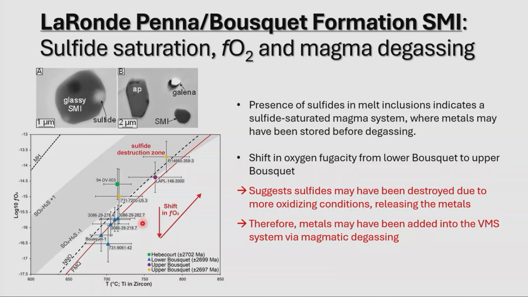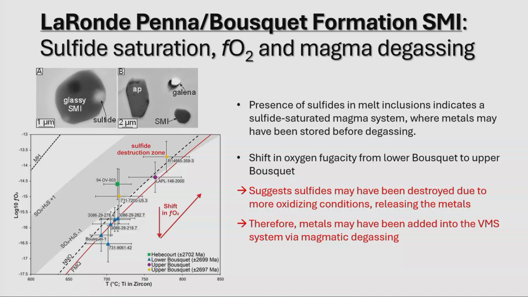The main takeaway, I think, from what they're trying to show is that going from Hebecor to the lower Bousquet, we see a downward shift, a decrease in the oxygen fugacity. But when we go from lower Bousquet to the upper Bousquet samples, we see an increase in oxygen fugacity, potentially up into this sulfide destruction zone.